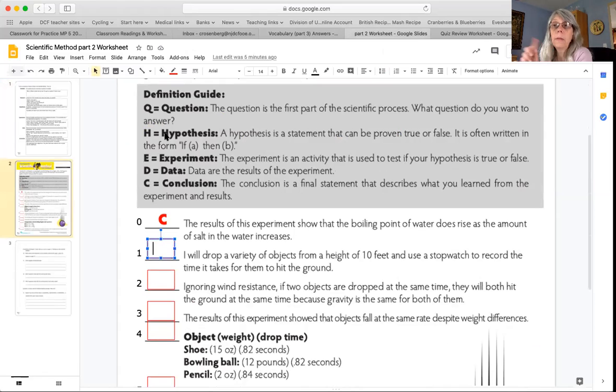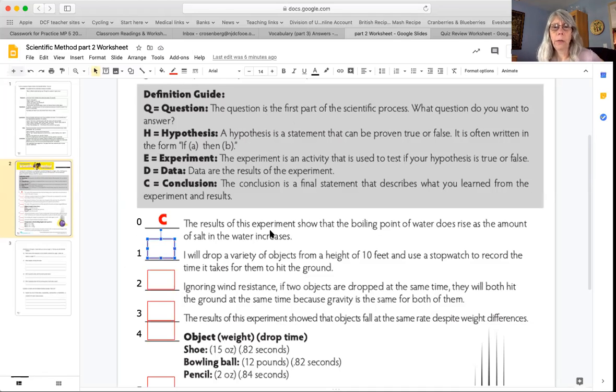The hypothesis, what we're going to test to find out the answer to the question. The experiment, what we're going to do. The data, the numbers, observations, the results we get. And the conclusion, what we can figure out based on the data, and what's the answer to the question, and was our hypothesis supported?